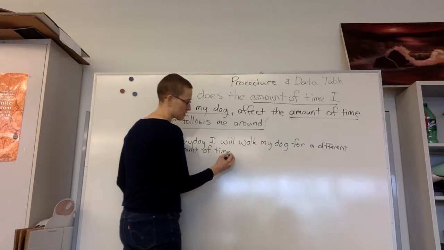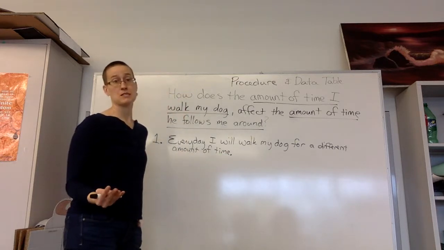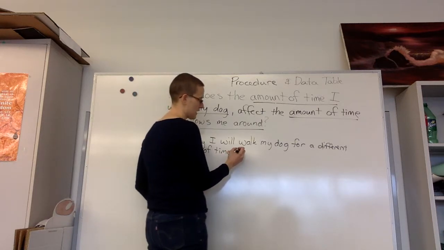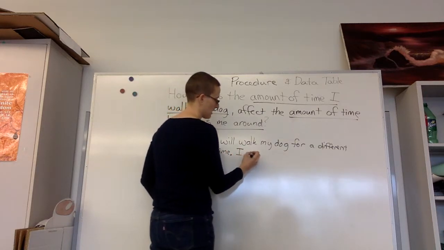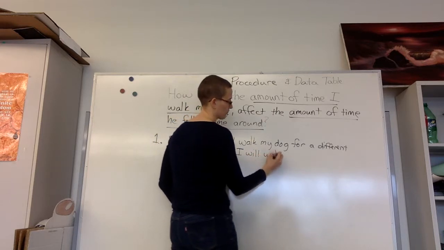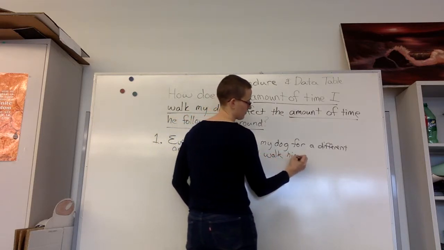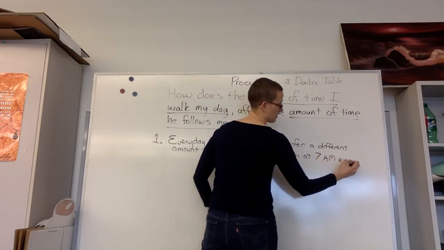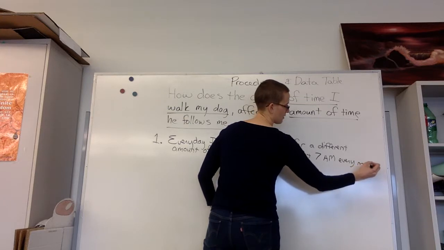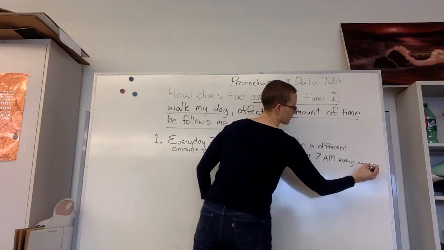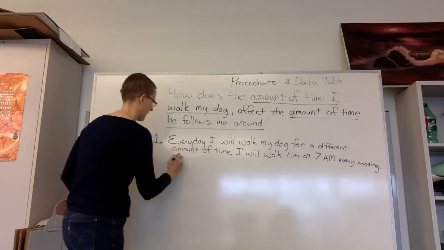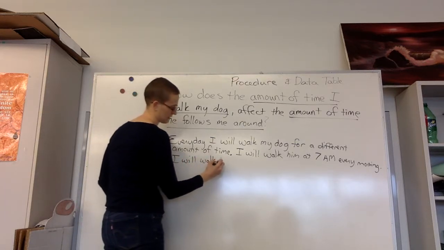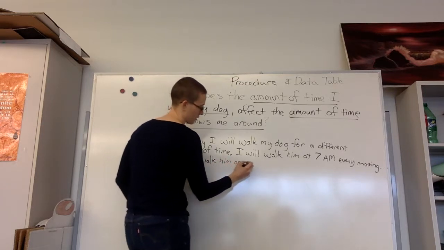However, from my observation, my research, I know there's some things that I have to keep the same because otherwise it'll affect my data. So one thing I need to keep the same is the time of day. So I will walk him at 7 a.m. every morning. I will walk him on flat ground.